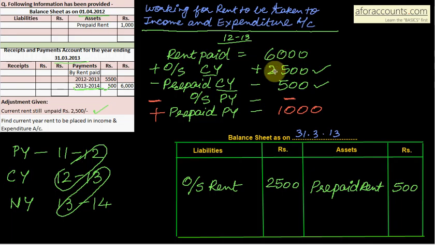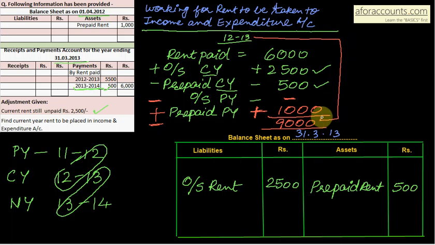So 6000 plus 2500 less 500, and add the prepaid of 1000, it comes up to 9000. And this 9000 will go in the income and expenditure account of the current year, that is 12/13.